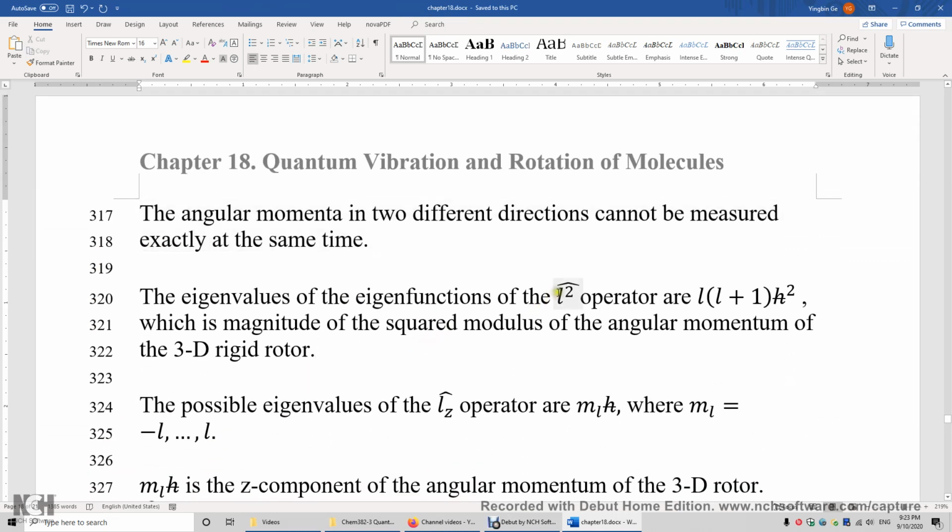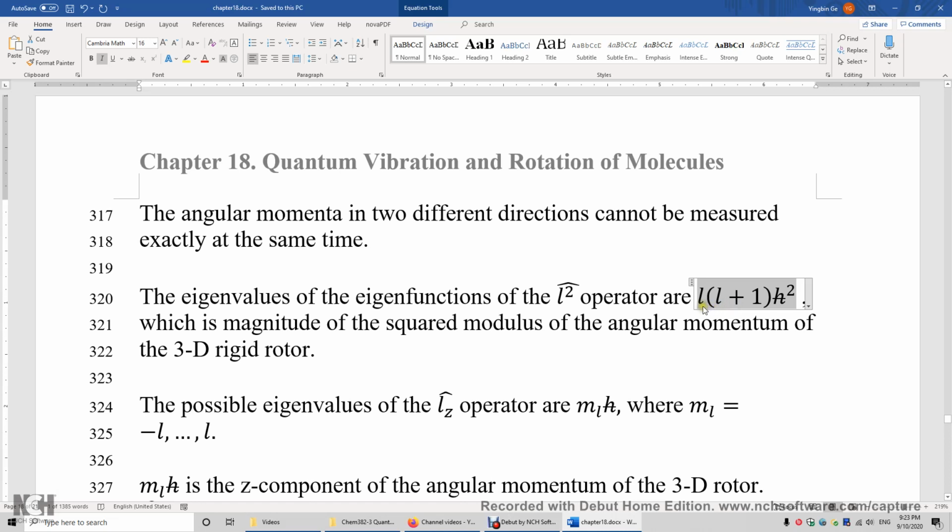Now let's look at this L. The eigenvalue of the eigenfunctions of this operator, this is the L squared operator, is this. So this is the eigenvalue. Well, this helps us to determine the magnitude of L. This is actually the angular momentum squared.